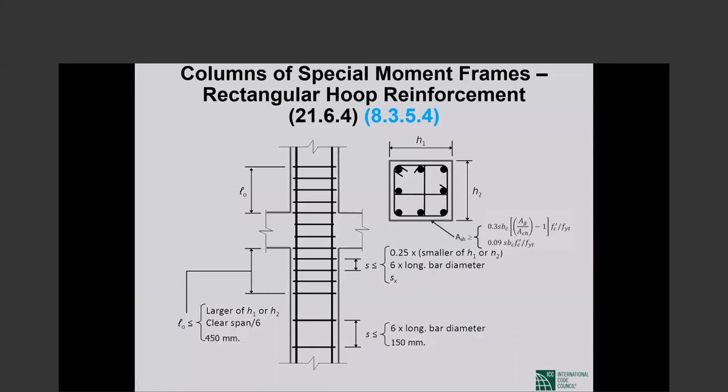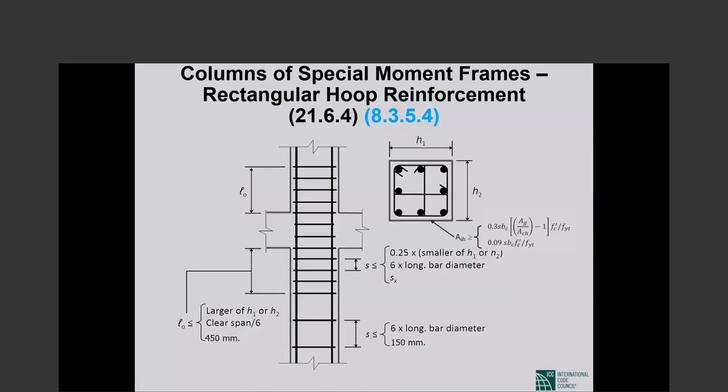Okay, so the spacing nowhere shall exceed 6 inches or 6 times longitudinal bar diameter, whichever is the smaller of the two. This again is a very, very good thing we have done, but this is pretty tough. I hope you understand. No more than 6 inch spacing anywhere along the height of a special moment frame column. Okay, this is as opposed to the 12 or 10 inches we are used to.